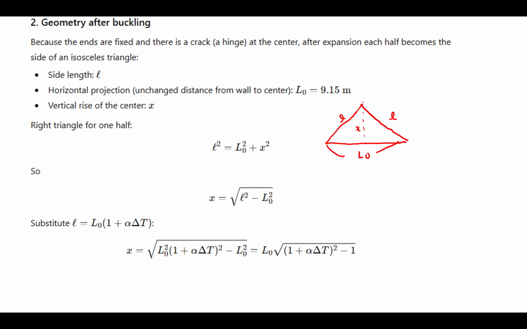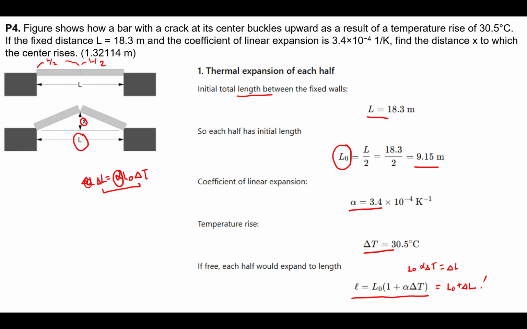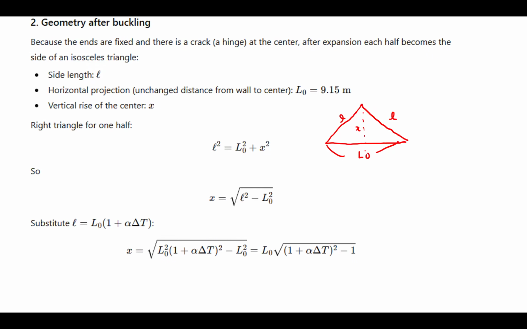By expansion, now it's split, and it is split by half with this length. And then we have this trigonometric case. Note that L0 is L over 2.